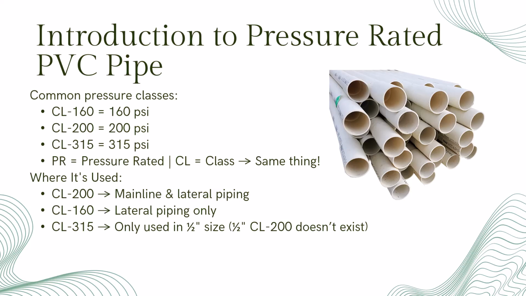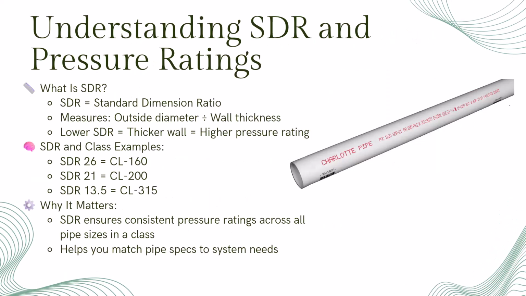CL160 is sometimes used just for the lateral piping because it's cheaper, but since it has a lower pressure rating, it should never be used for the main line. Fun fact, half-inch CL200 isn't made. So if you ask for it, you'll get half-inch CL315 instead by default.